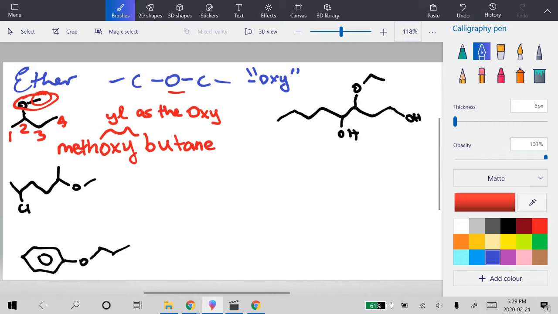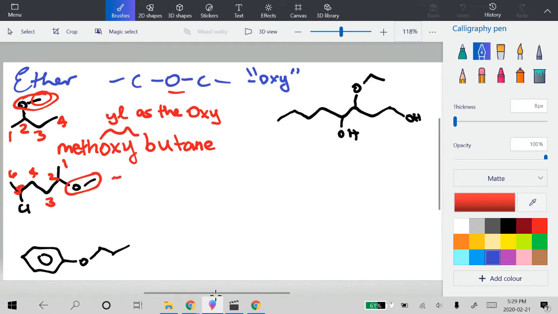The second example down here, now the methoxy group is off of carbon number 2 on a hexane chain. And we also have a chloro side chain. So you still start the numbering with alphabetical order.